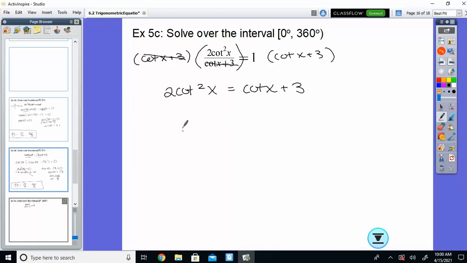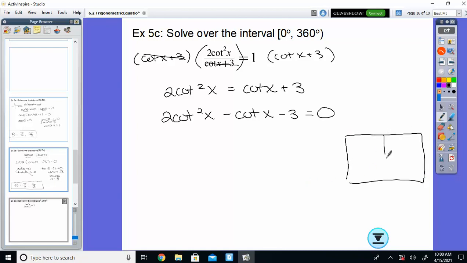Then this is a quadratic, so we have to set it equal to 0. So subtract over the cotangent, subtract over the 3. So then we do the box method. Multiply to a -6 and add to a -1. What would it be?